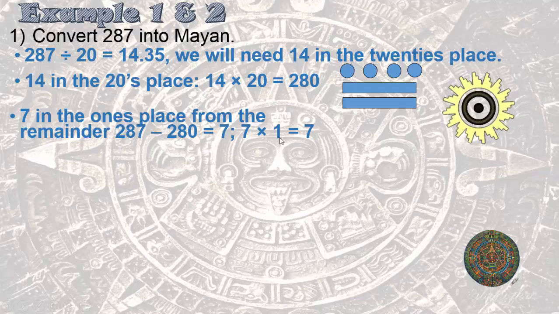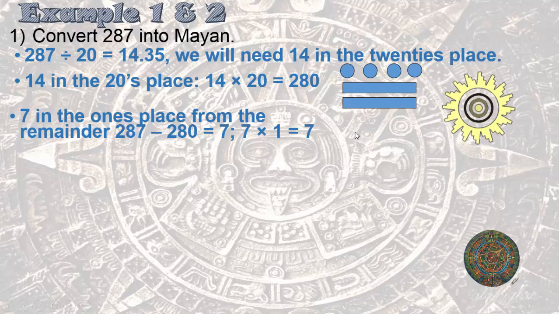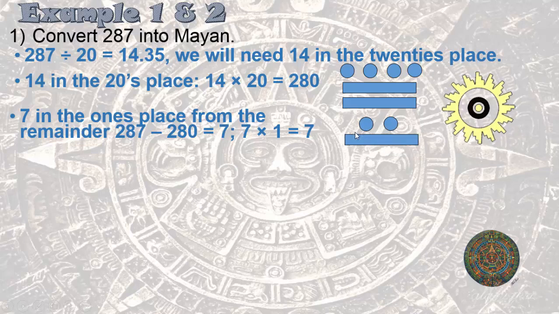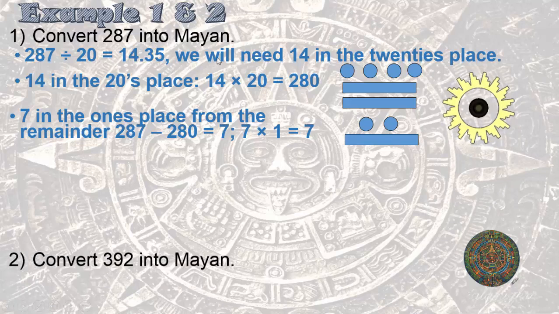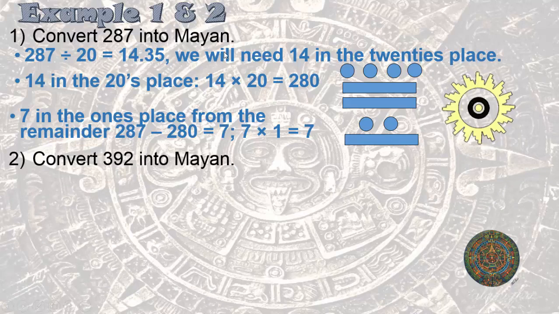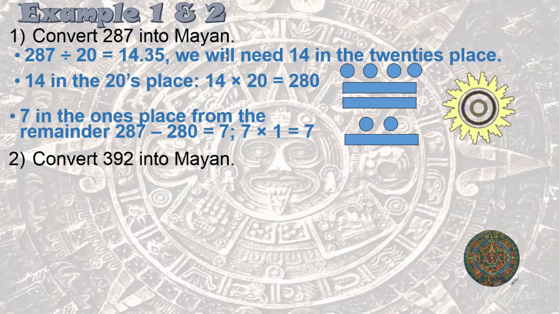And 7 times 1 is 7. So we put in Mayan 2 dots and a bar to represent 7 on the next line or next place. In example number 2, we are asked to convert 392 into Mayan.